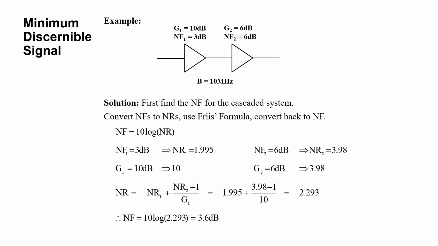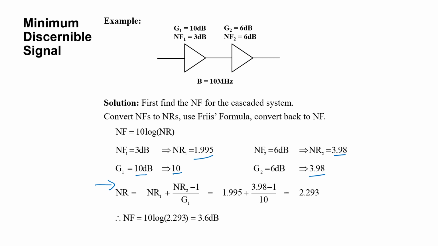We know that noise figure is 10 log of noise ratio, and by doing the maths, a noise figure of 3 dB is a noise ratio of 1.995, and a gain of 10 dB is actually 10 in linear scale, because of the formula 10 log NR. Now we will use the Friis equation, that is NR is equal to NR1 plus (NR2 minus 1) over the gain of the first amplifier.